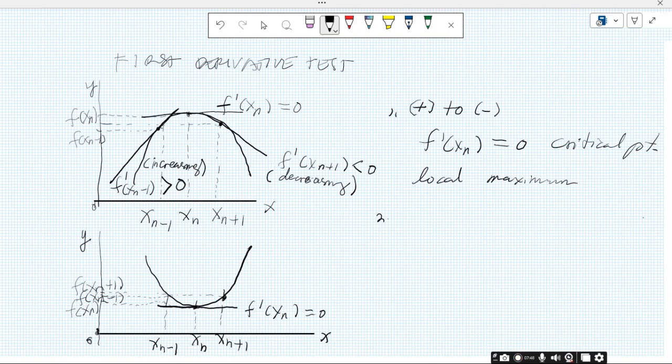As you can see, to the right we can draw a tangent line, and this time the slope is positive. So at f of xn plus 1, the first derivative there is greater than 0, the slope is positive, and the function itself is increasing.